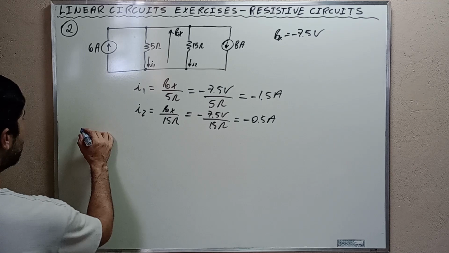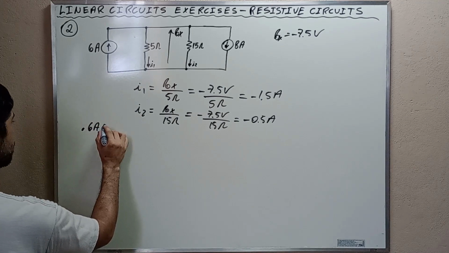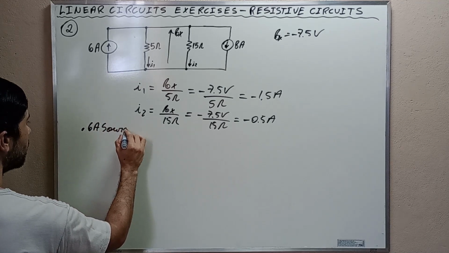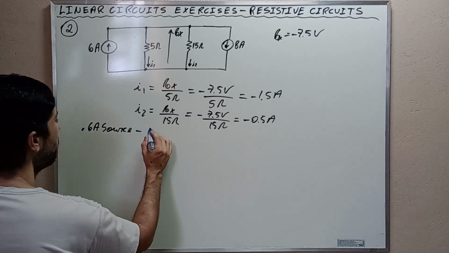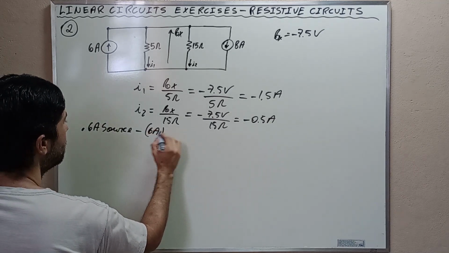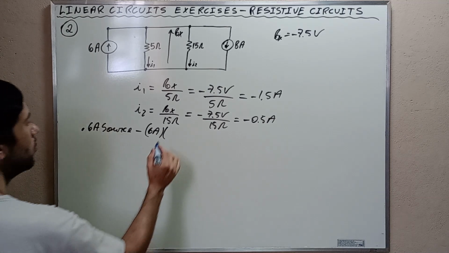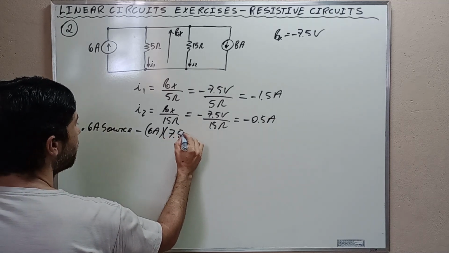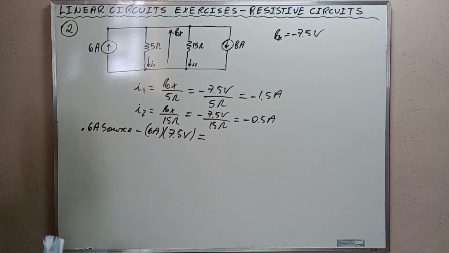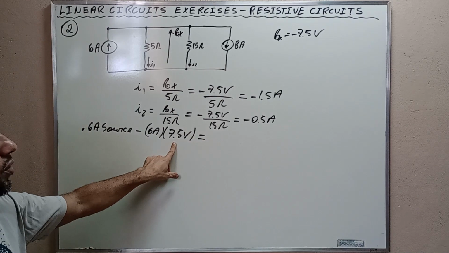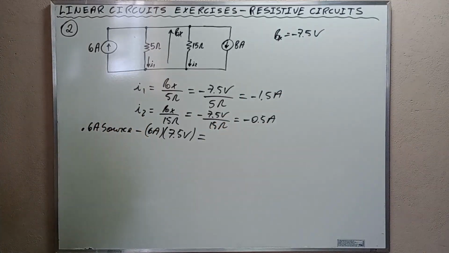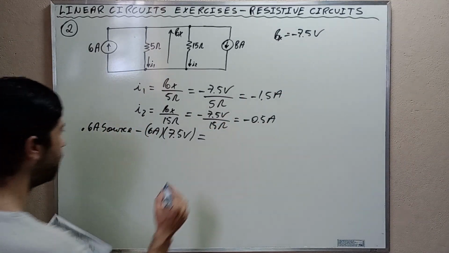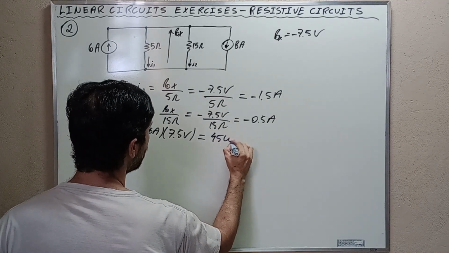For the 6 amp source, we want to calculate the power, and the power is simply the current times the voltage, and the voltage is 7.5 volts. We are working here only with the magnitude of the voltage, never mind the sign, only the magnitude of the voltage, and we find 45 watts.